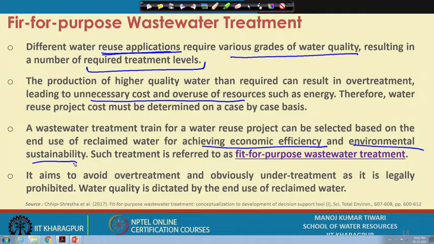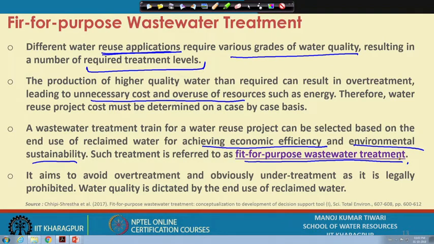This is called fit for purpose water treatment, which drives that the water is treated only fit for the reuse purpose, not beyond that.